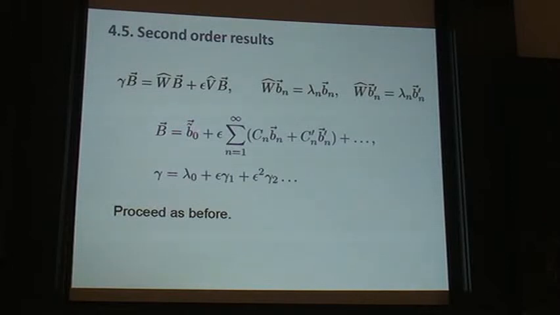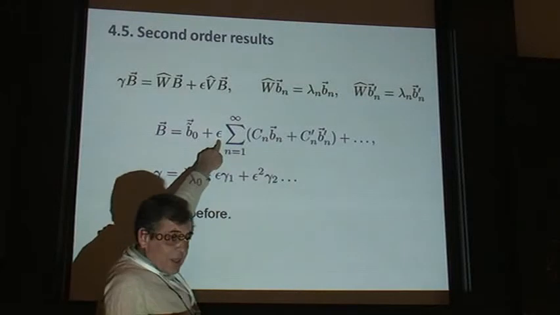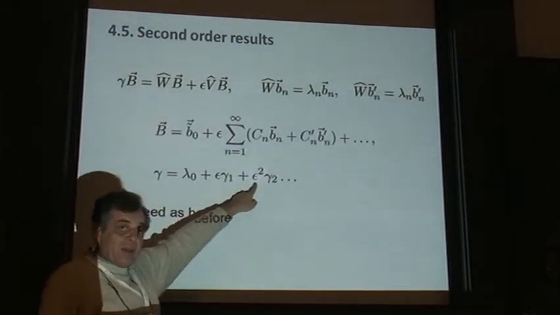Now you are perturbing all the non-degenerate levels, right? So your perturbation to the eigenfunction is already of order epsilon. Likewise, for gamma, there will be a perturbation of order epsilon.